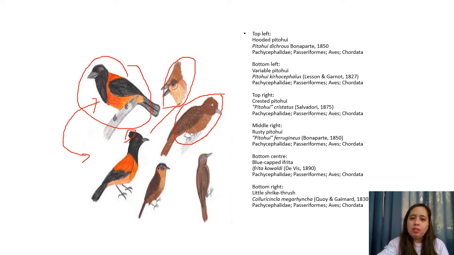Ferruginous has the same body structure as that of the Dichrous, but more on ferric or rusty coloration. And then we have the blue cap, Ephrita, blue cap because it has something blue here.